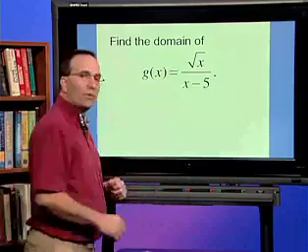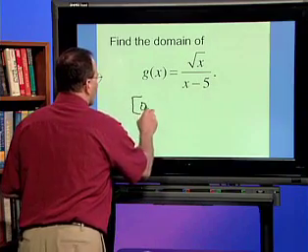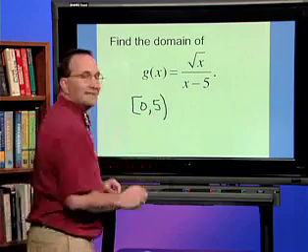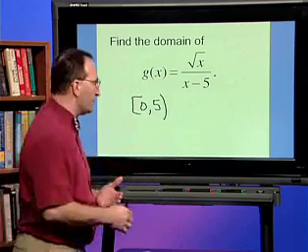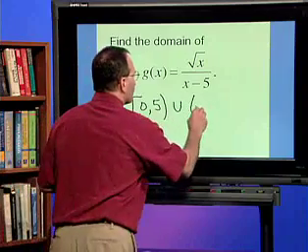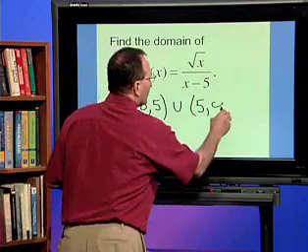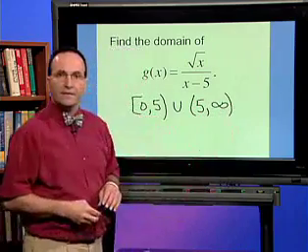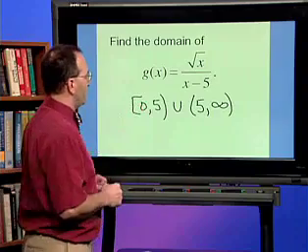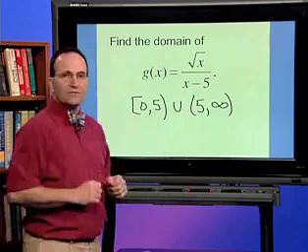Then what we come up with for the domain is the interval from 0 to 5, but it doesn't include 5 because 5 cannot be plugged in, and we're going to union that with the interval starting at 5, not inclusive, going up to infinity. From 0 to 5, union 5 to infinity, 5 is not included.